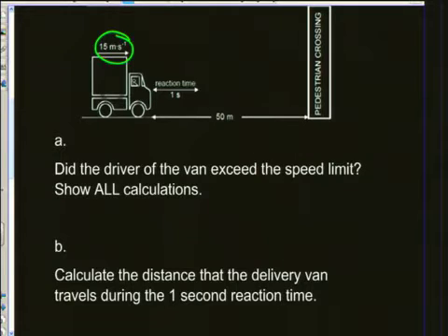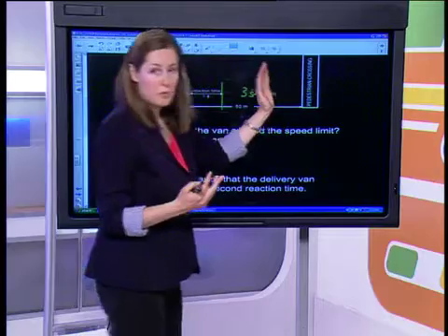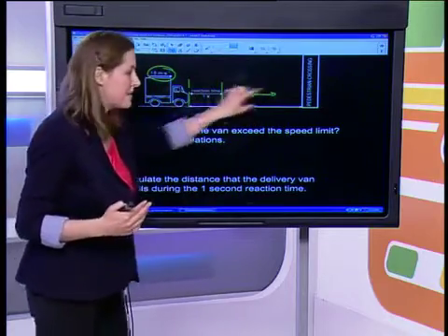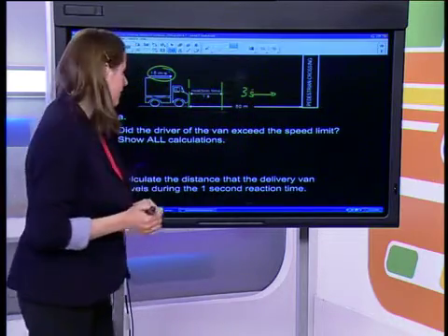Reaction time of 1 second, and then it takes a further 3 seconds to come to a stop. We don't know whether he stops at the pedestrian crossing, beyond it if he doesn't stop in time, or before, but I'm writing there 3 seconds with a little arrow.